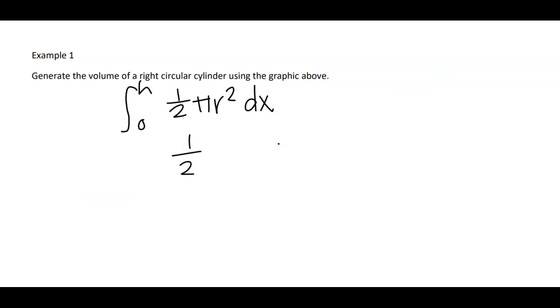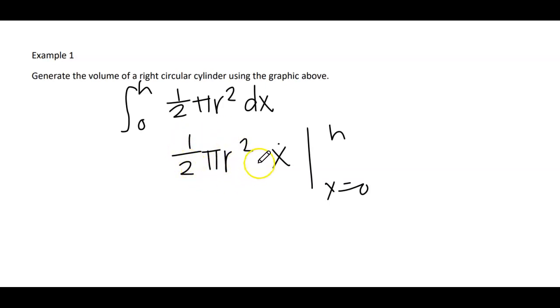So when I take the antiderivative, I have 1/2 pi r squared times x from x equals 0 to h. Again, r is a constant given to you in the problem. If I were to take the antiderivative of 4, I'd get 4x, right? Of negative 10, negative 10x.